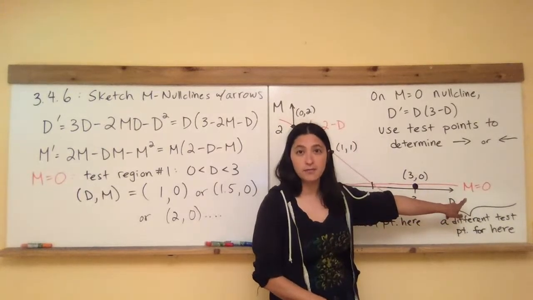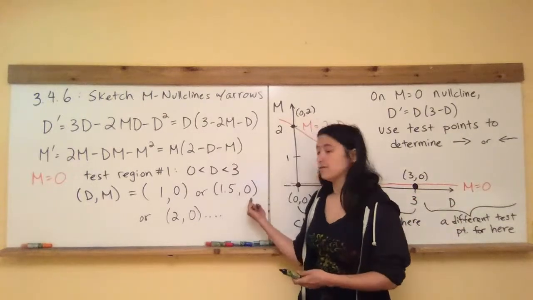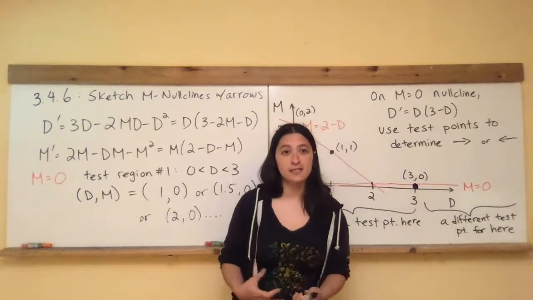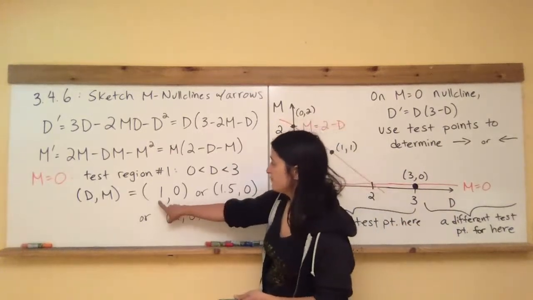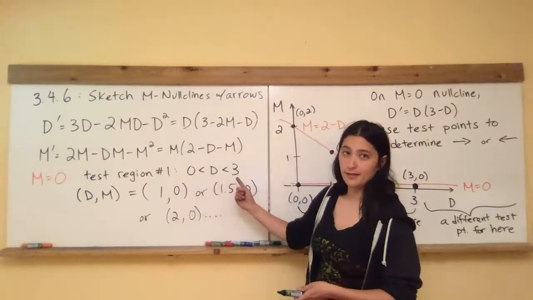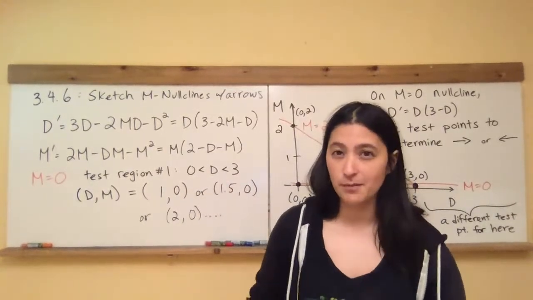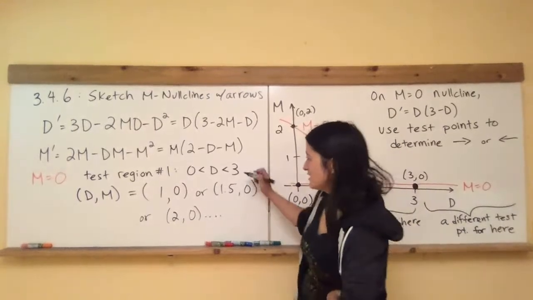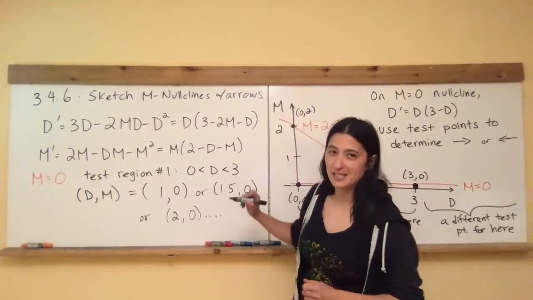So that's how everybody knew to put 0 in for m. That's the line that I'm working on. And the other thing they have in common is that the first component is a number between 0 and 3. You don't want to pick 3, 0. What would happen if you picked 3, 0? You notice how I said strictly less than 3? I didn't say equal to 3.